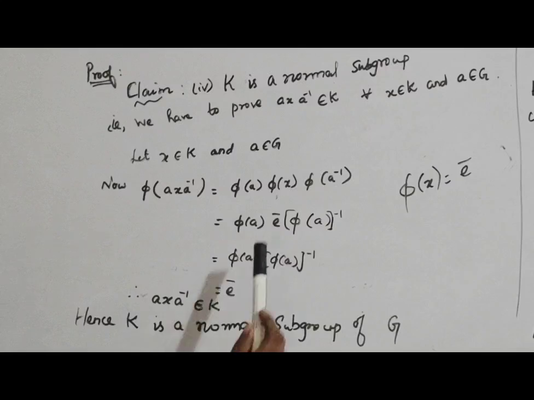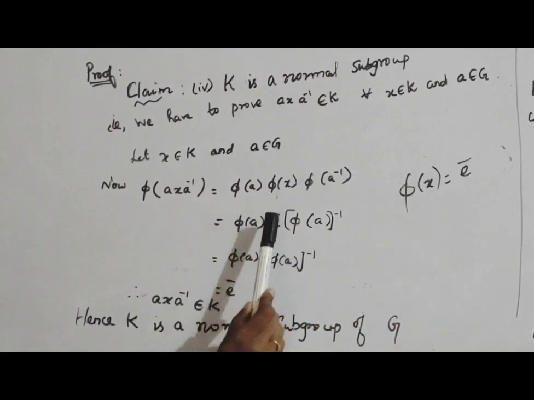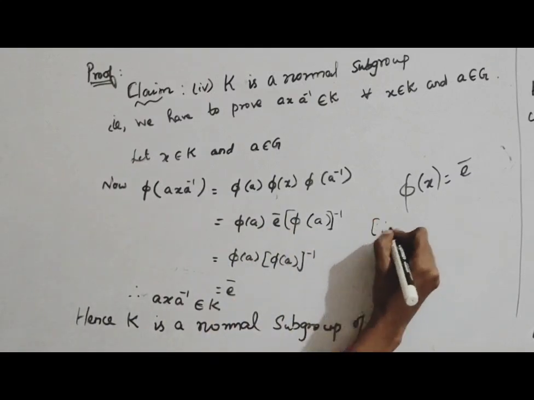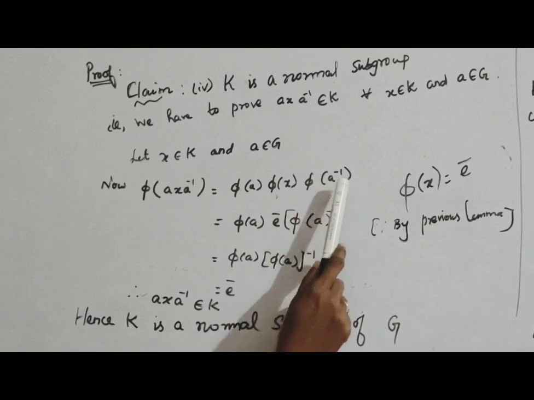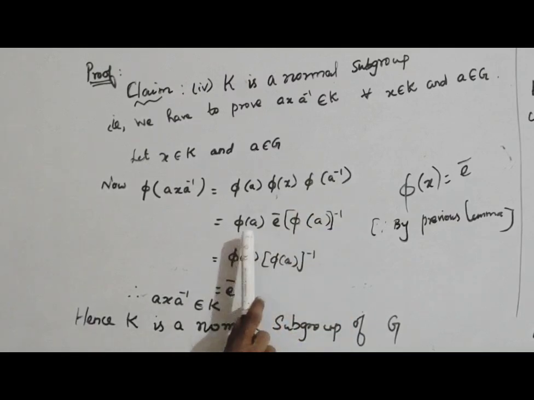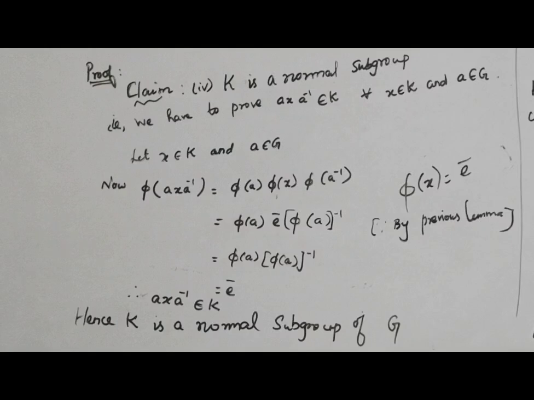Since phi of x is equal to e bar, we substitute the value here. Therefore, phi of a into e bar into phi of a inverse. By the previous lemma, the second condition, phi of a inverse can be written as phi of a the whole inverse. Here phi of a into e bar means phi of a. Phi of a into phi of a the whole inverse is e bar, since e bar is the identity element of G bar. Therefore, a x a inverse belongs to the kernel K. Hence, K is a normal subgroup of G.